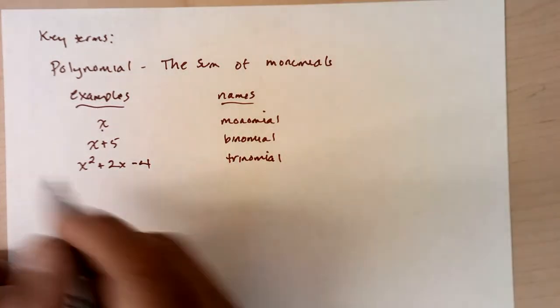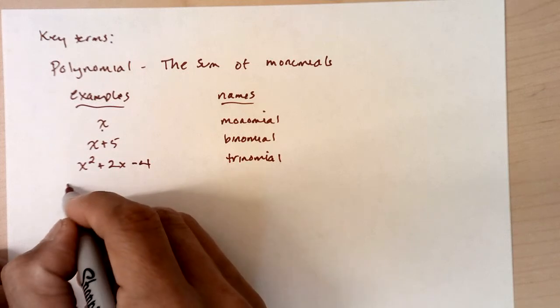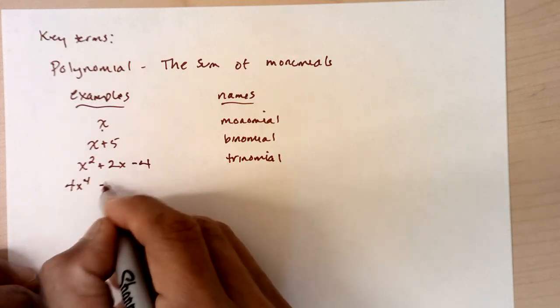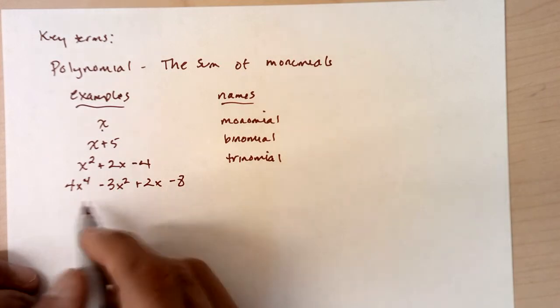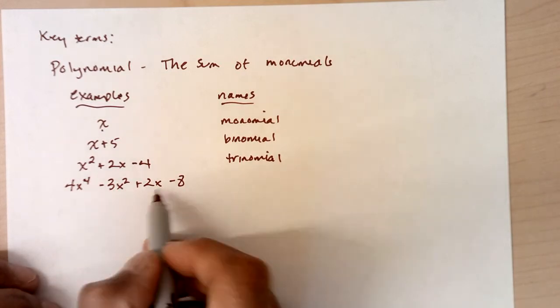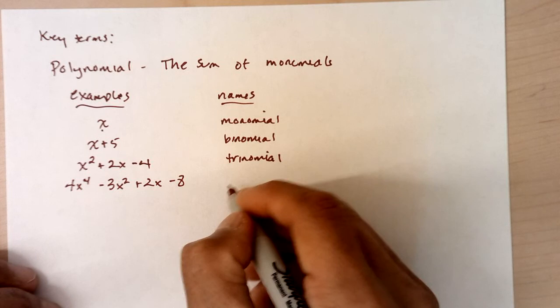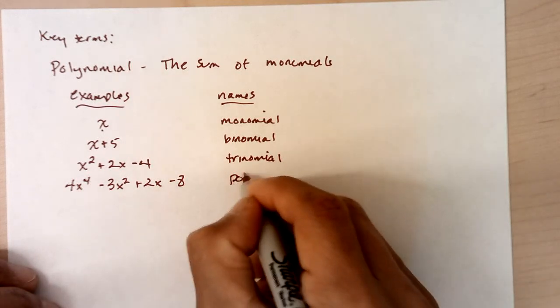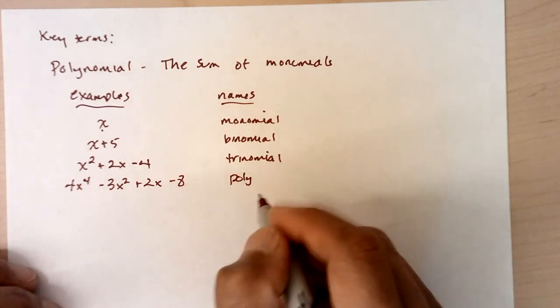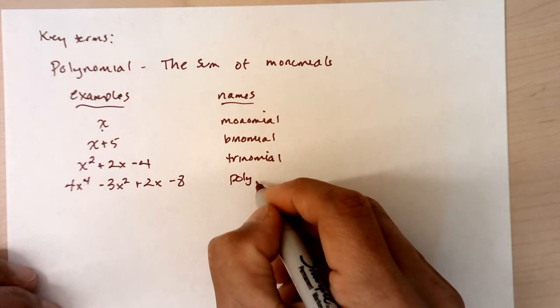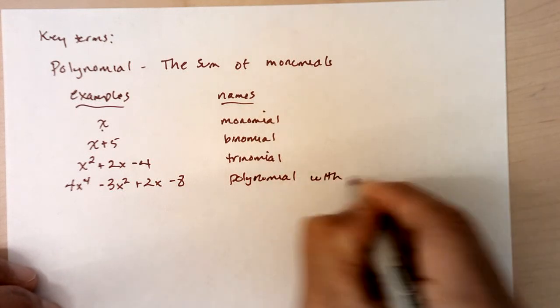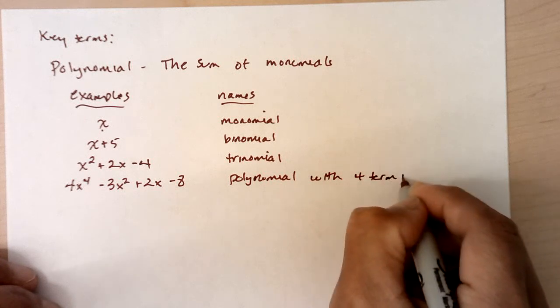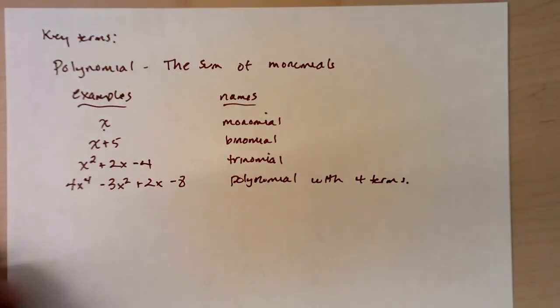If there are more than 3 terms, like 4x to the fourth minus 3x squared plus 2x minus 8, again, there are 4 terms here, 1, 2, 3, 4. Then all you name this is a polynomial with 4 terms. There's really no such thing as a quadnomial, if that's what you were thinking. So really, only the first 3 polynomials have specific names.